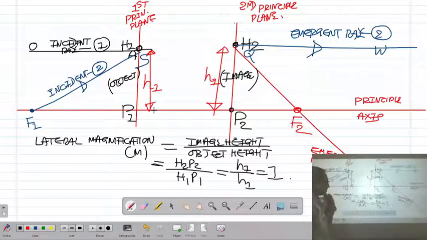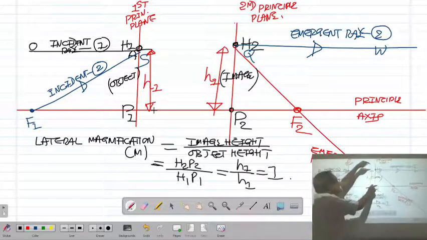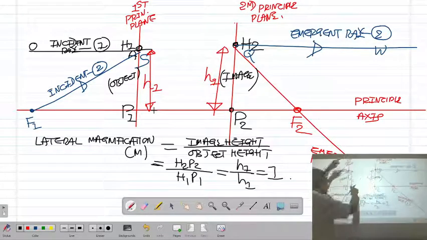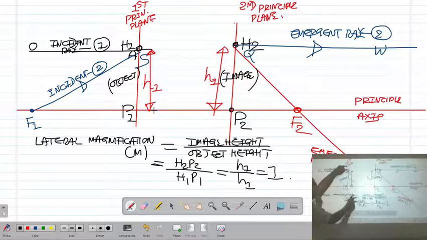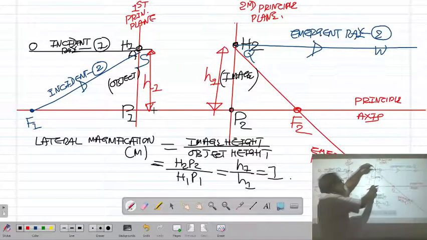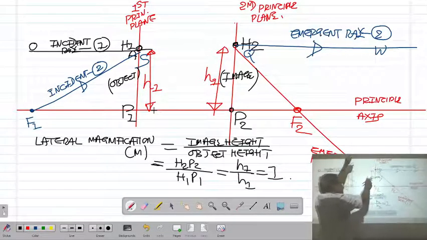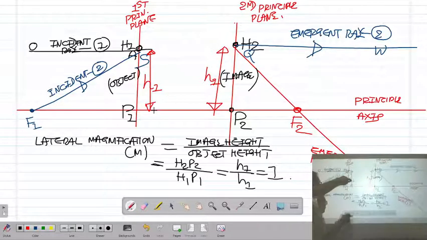So lateral magnification, capital M, is the height of the image h2 p2, which is small h1, divided by the height of the object h1 p1, which is small h1. The height of image and object is the same, so magnification will be 1.